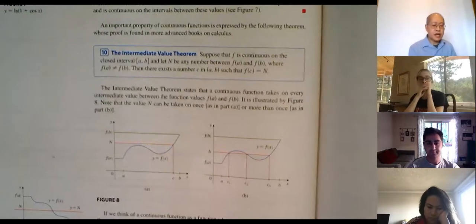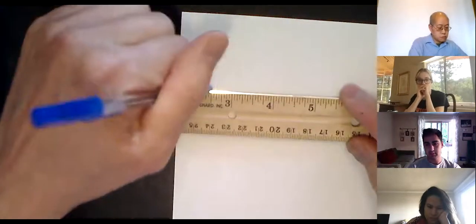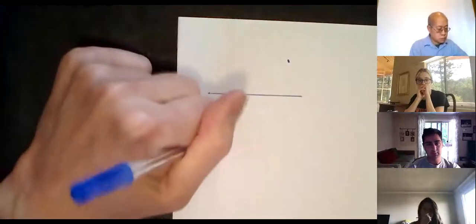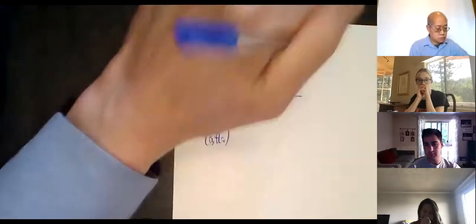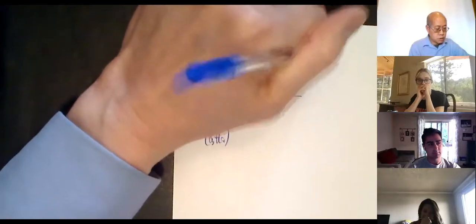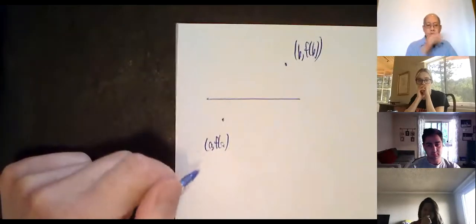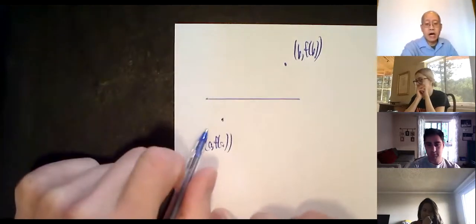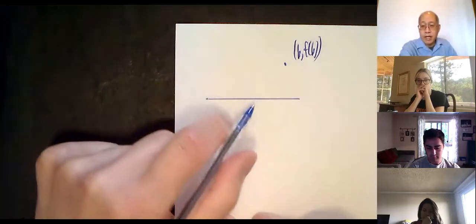Now, in particular, as an example of this, how do we use it for the homework? Suppose I have a comma f of a, b comma f of b. One of them is positive and one of them is negative.